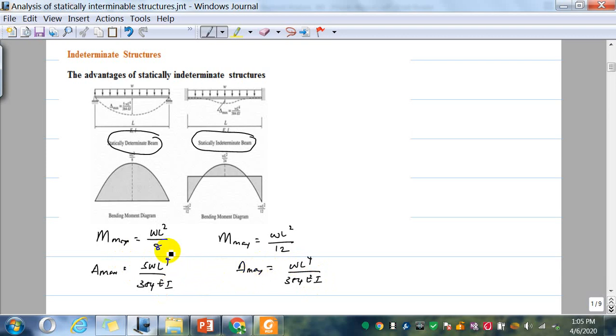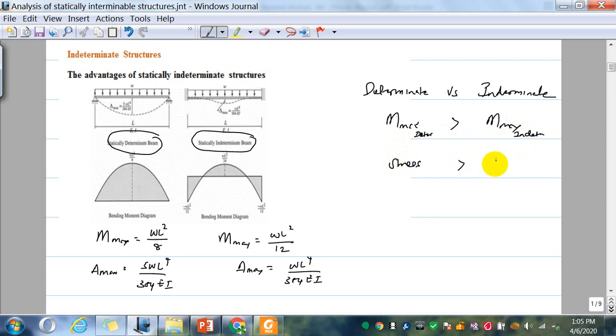So if you look at determinate versus indeterminate, the determinate beam has a higher moment: M max determinate is greater than M max indeterminate, which means the stress is greater than the stress here.